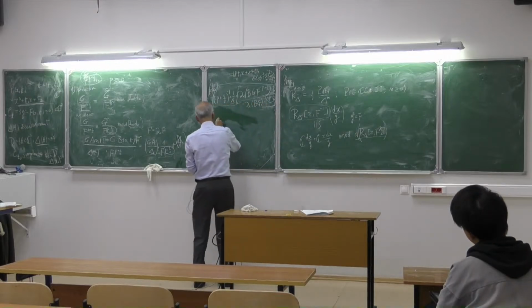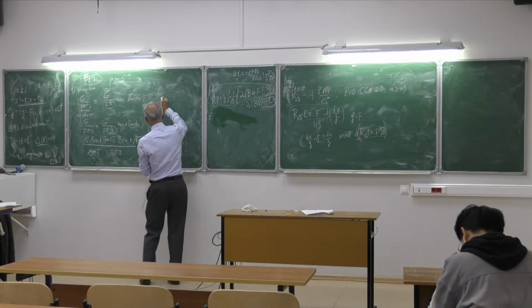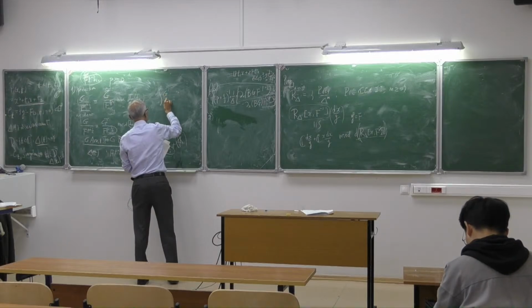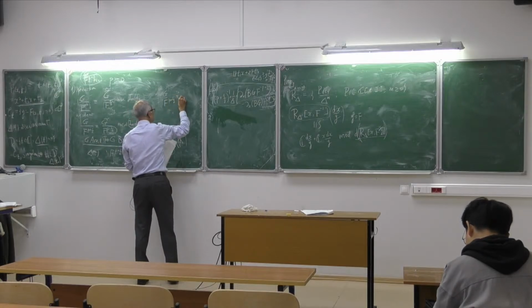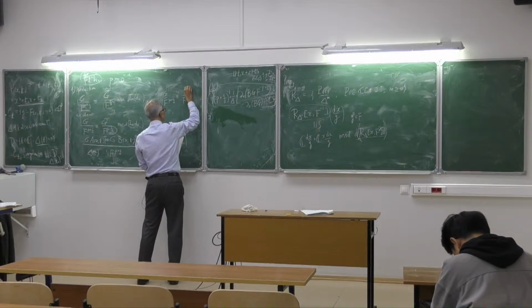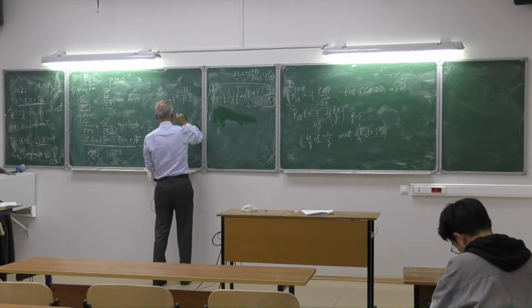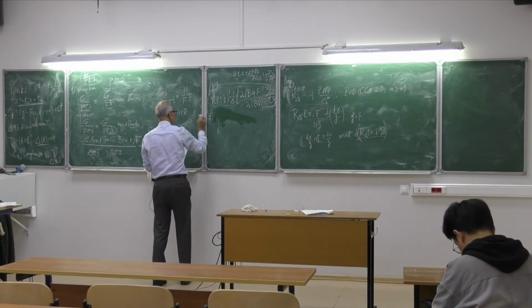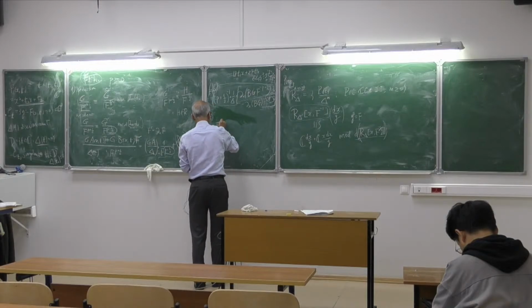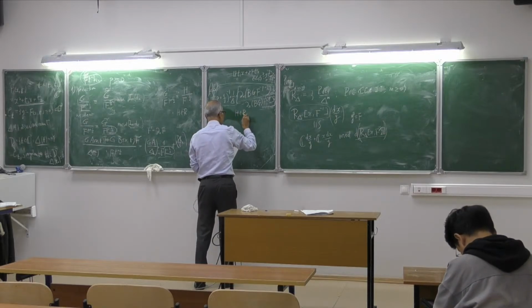So now we have, let's say, g over f to the power 1 over 2, something, h. And now h is some polynomial in x.